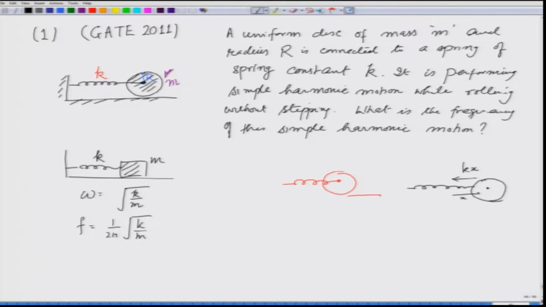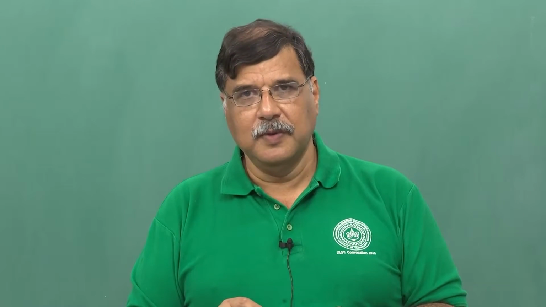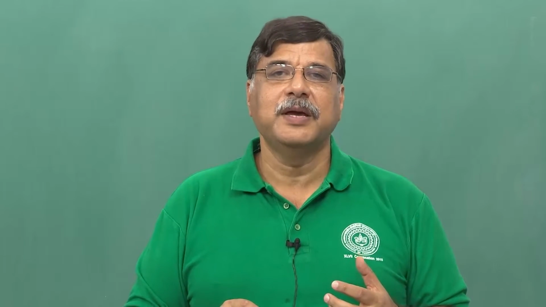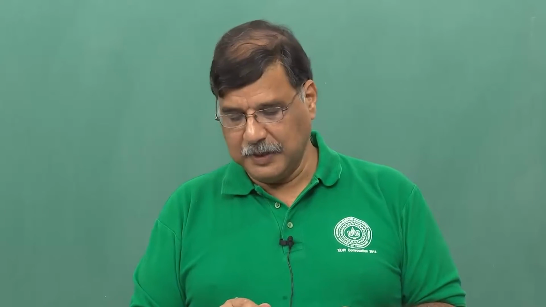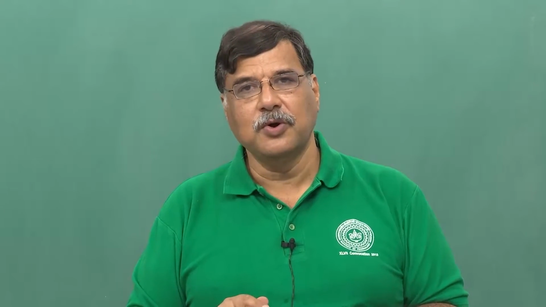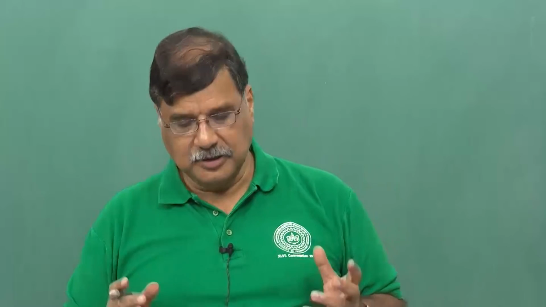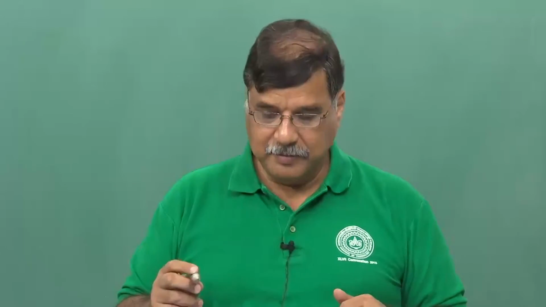At the same time, since it has a tendency to slip towards the left, there will be a frictional force to the right. In effect, what that frictional force does is that it reduces the amount of restoration force. Effectively, k is becoming smaller. If k is becoming smaller, the frequency should go down. That is a physics anticipation. Let us now solve it mathematically.